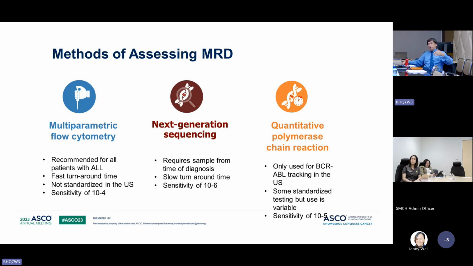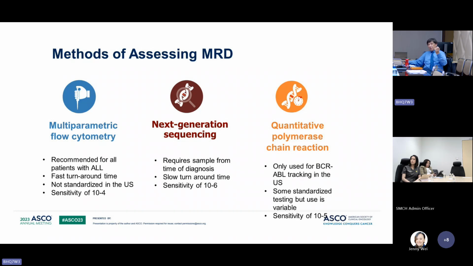Again, it is a tremendous test that looks for deep sequencing, but what is the sensitivity? Most laboratories are at 10 to the minus 5. Some labs can get down to 10 to the minus 6, 1 in a million, and some very deep sequencing can reach 1 in 10 million, 10 to the minus 7.